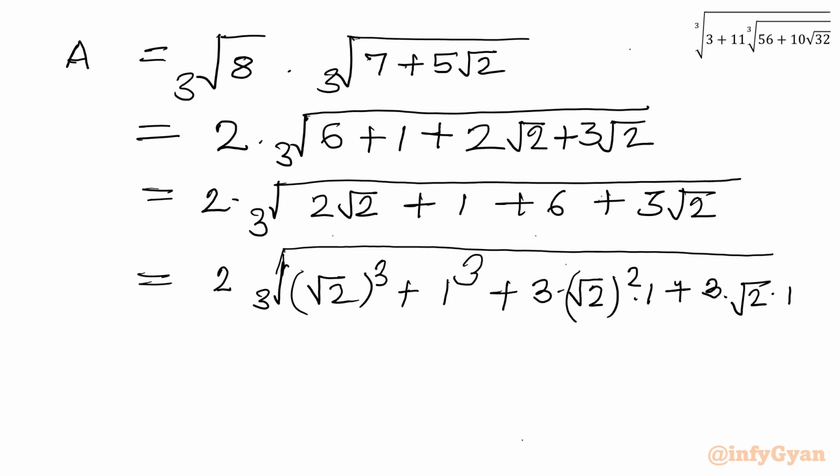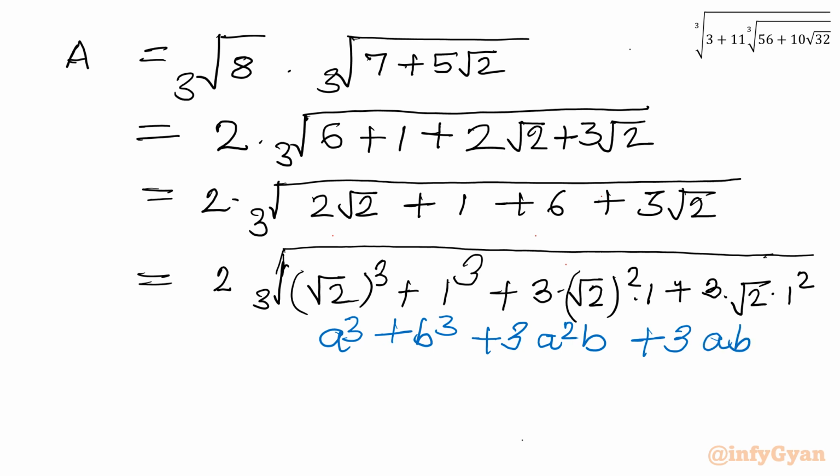Now this is one identity. Let me write here: it is a cube plus b cube plus thrice a square b plus thrice ab square. We know that this identity is a plus b whole cube.